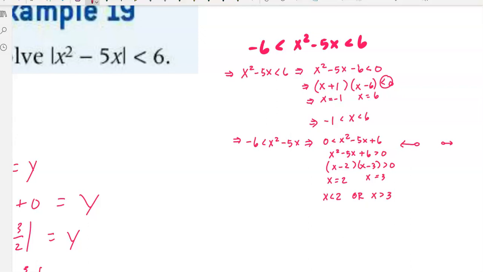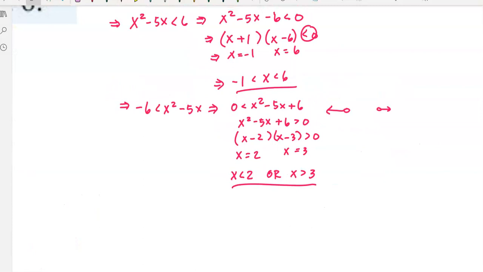The other way. So all of that, we have the intersections of that, and then we have the unions of the or statement. Let's try to make sense of this, because it has to be all of these sets. It has to be between -1 and 6, but it has to be less than 2, or it has to be greater than 3.